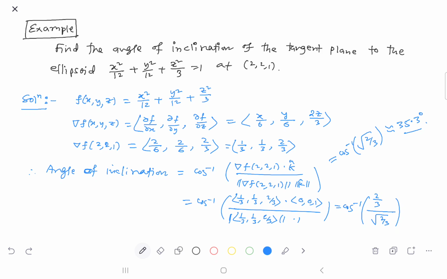Okay, so let me give you a little overview of what we have done in today's class. In this chapter, this is 13.7, right? In 13.6 we defined basically the gradient.